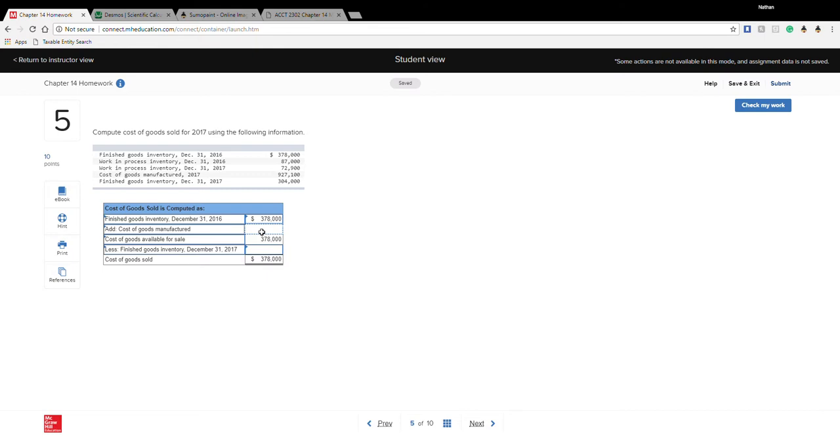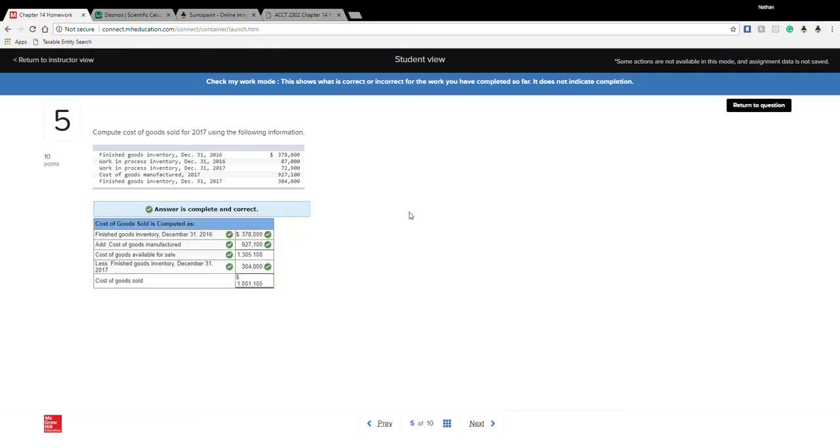Cost of goods manufactured 927,100. And then subtract out finished goods, 304,123. Whoa, I finished out with 1,001,100. That is crazy. But it all works, all checks out.